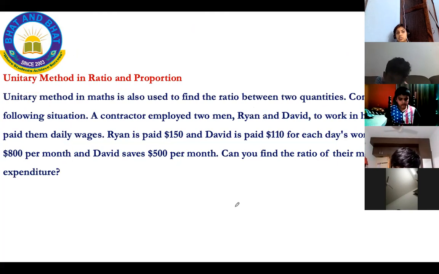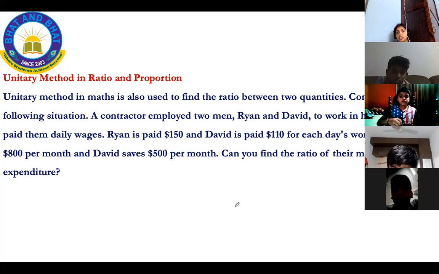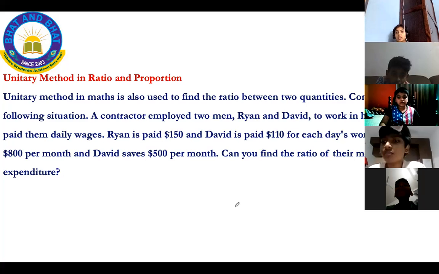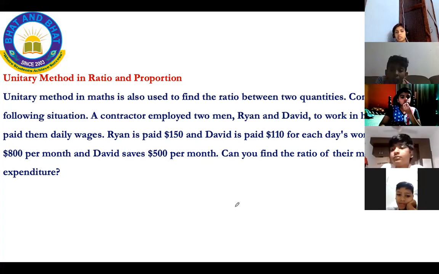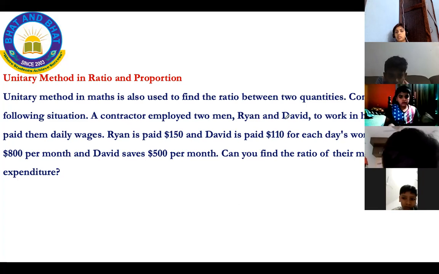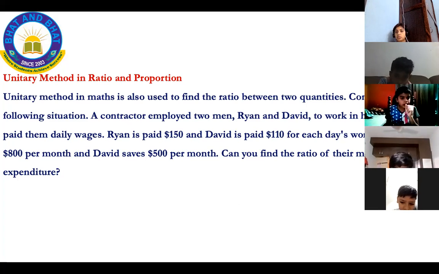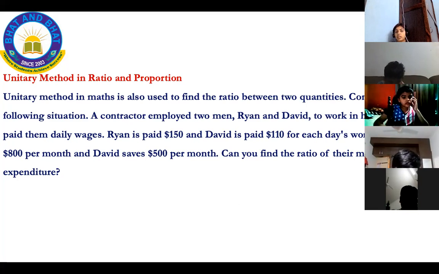Next, we have the unitary method in ratio and proportion. The unitary method in maths is also used to find the ratio between two quantities. Now, let us take this example. A contractor employed two men, Ryan and David, to work in his factory and paid them daily wages.